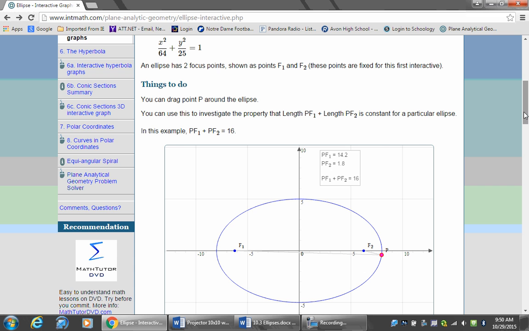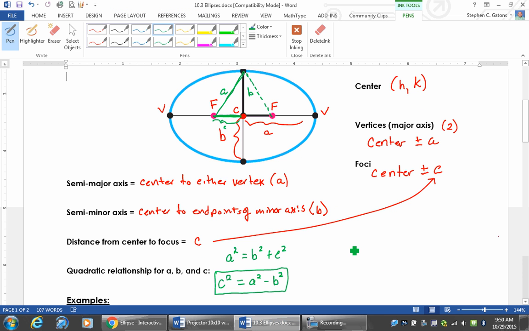Eccentricity is the ratio of C compared to A. And how that works is the closer that this ratio gets to being 0, the closer your ellipse is to being a circle. That's what eccentricity is. As the foci move closer to the center, it becomes more and more of a circle.